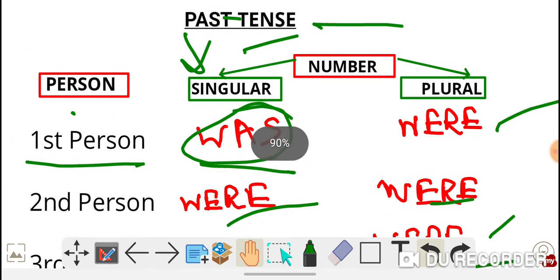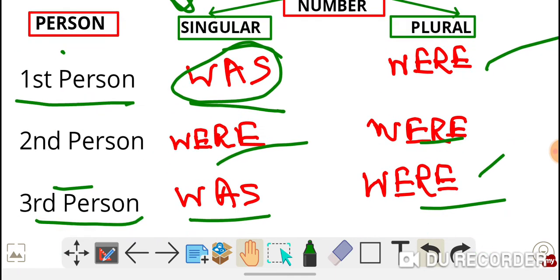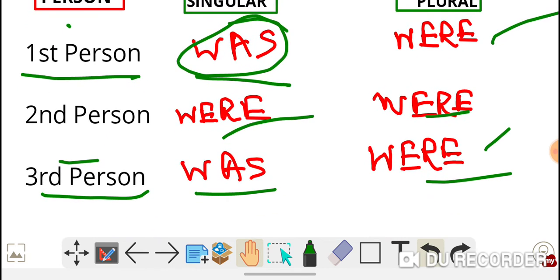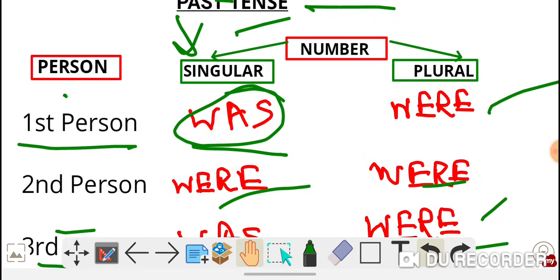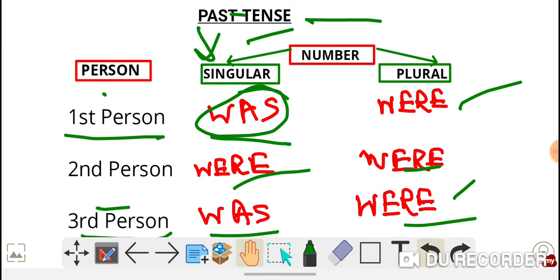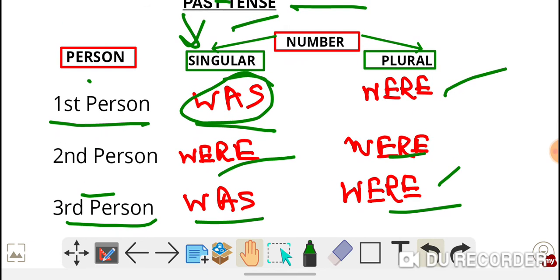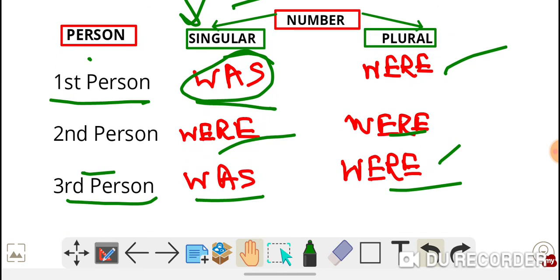In past tense, was is used with first person singular number and third person singular number, and the rest is were. So were represents past tense, first person plural number, second person singular and plural number, and third person plural number.